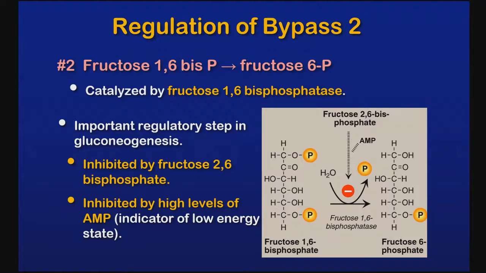So that step is very, very important in glycolysis. So know that enzyme, PFK1, and know the phosphatase as the enzyme that catalyzes the reverse reaction. Is that clear? And the 2,6-bisphosphate: anytime you have glycolysis, you have to know the 2,6-bisphosphate, because that's the well-known stimulant of glycolysis. Because it is a well-known stimulant of glycolysis, it opposes gluconeogenesis. That should make it a little clearer to you, right?